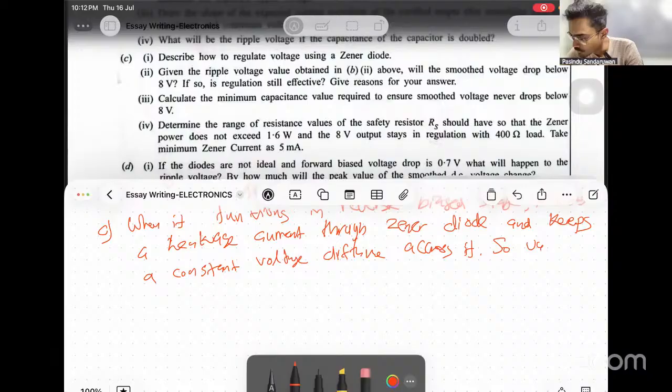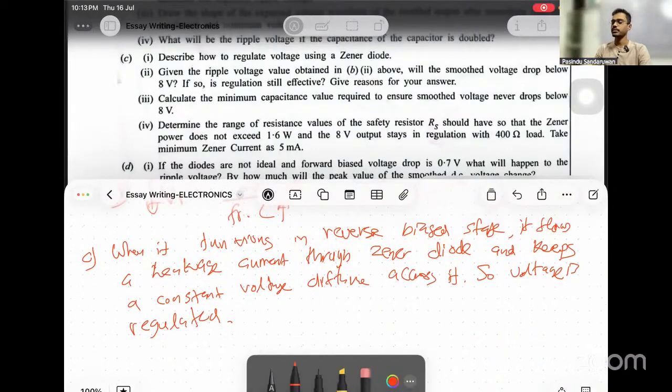So voltage is regulated, right? So likewise, write a complete answer.